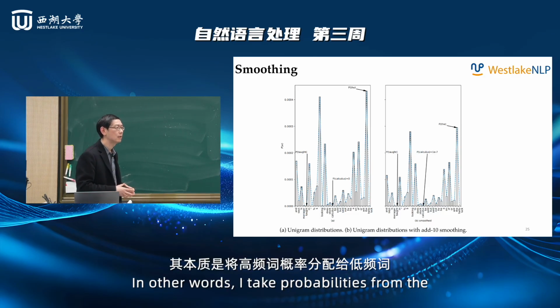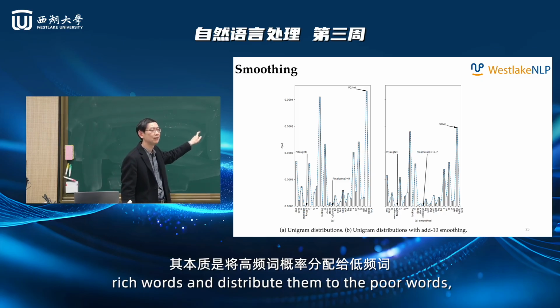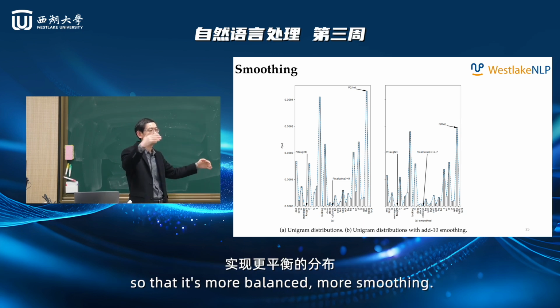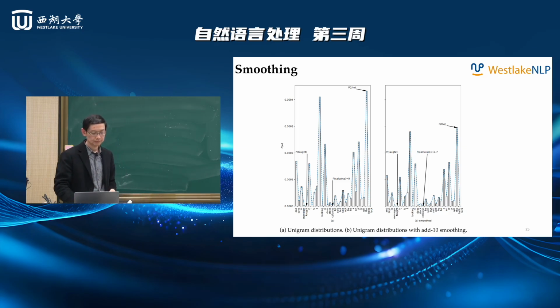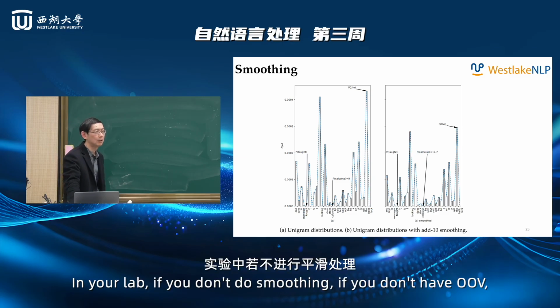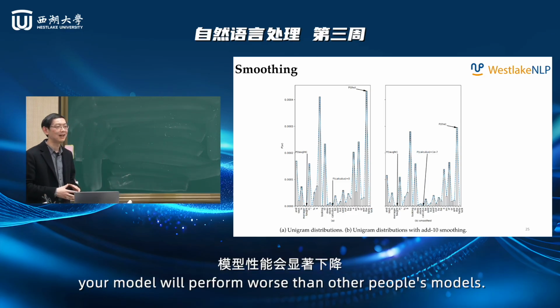In other words, I take probabilities from the rich words and distribute them to the poor words so that it's more balanced, more smooth. In your lab, if you don't do smoothing, if you don't handle OOV, your model will perform worse than other people's models.